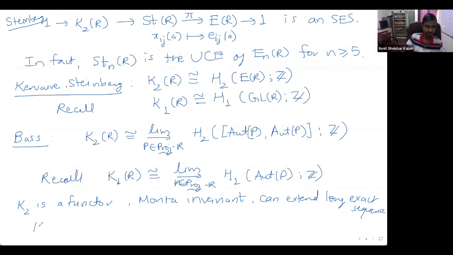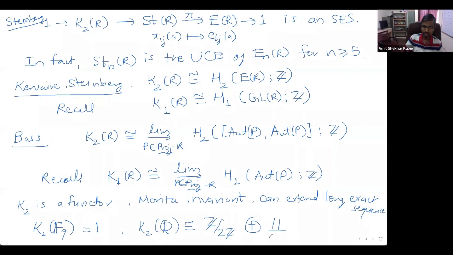I'll just state a couple of results. If you have a finite field, then K2 of a finite field is 1, and K2 of the rational numbers, which actually seems to be a hard result to prove, is isomorphic to Z mod 2Z, direct sum, or coproduct, over primes P of F_P cross.